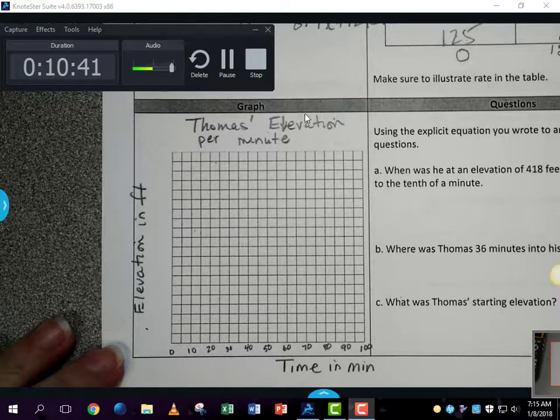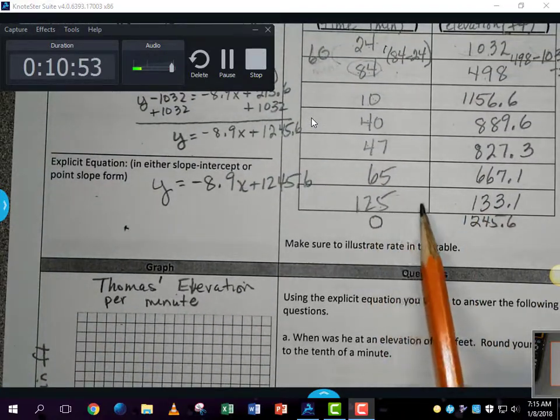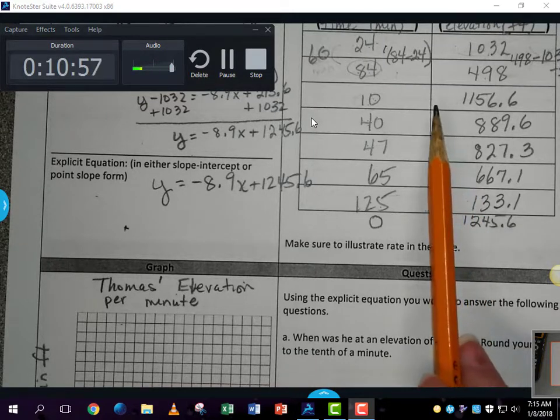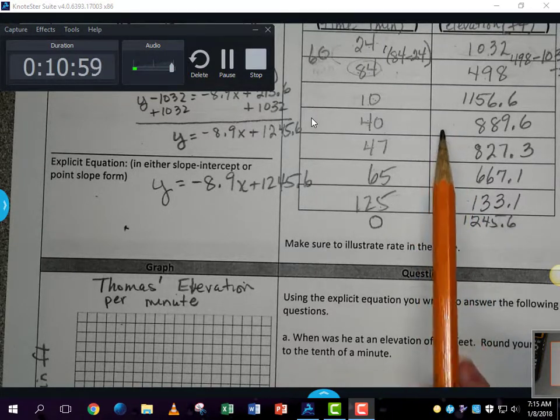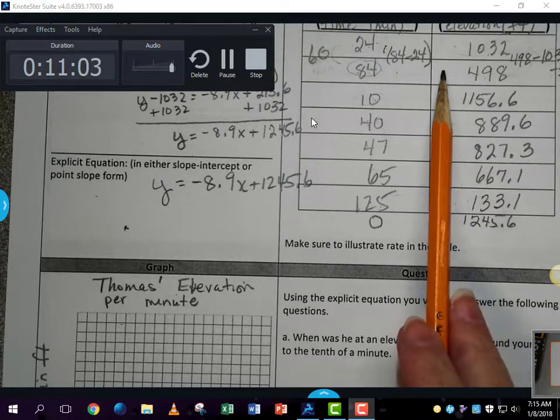Okay, so I filled those in, and now I need to also do my counting, or my unit numbers, for the y. My smallest y number is 133. That's at 125. So I didn't go up to 125, so I'm not going to include this one. My second lowest number is 498.